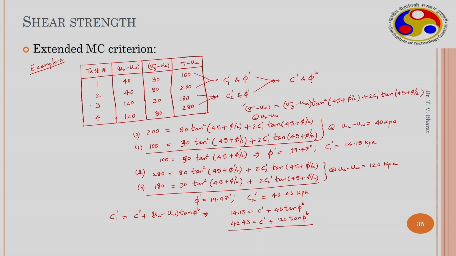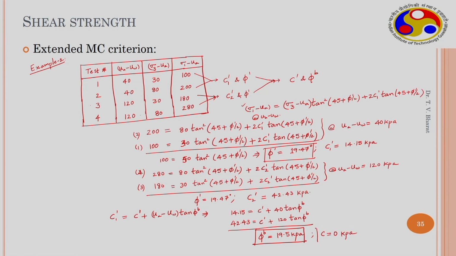When you solve this, you get phi b equal to 19.5 degrees, which is the same as your phi. Phi is nearly the same, and C is 0 kilopascal.